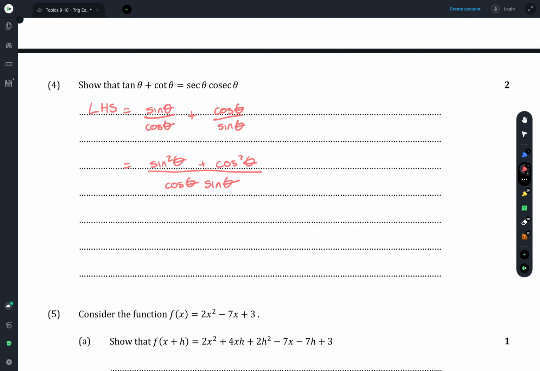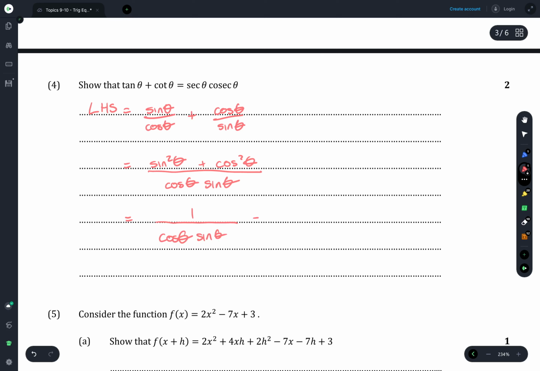Now that we have that, we see sine squared theta plus cos squared theta, and we should immediately realize that that's the Pythagorean identity. So sine squared theta plus cos squared theta just equals 1. So we have 1 over cos theta sine theta.